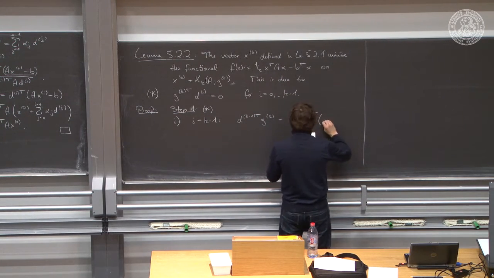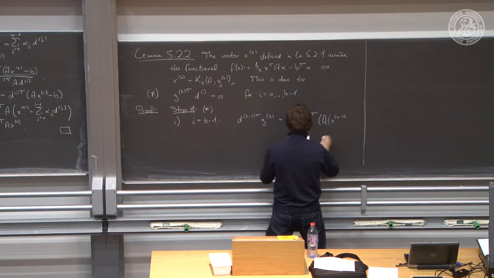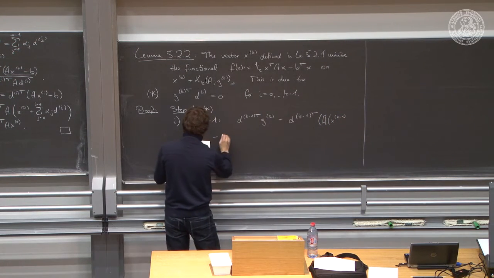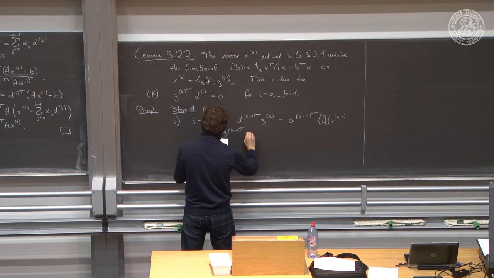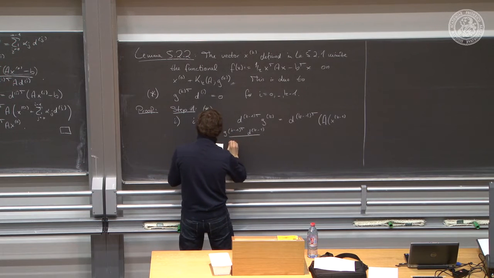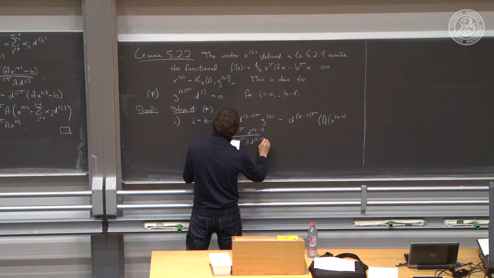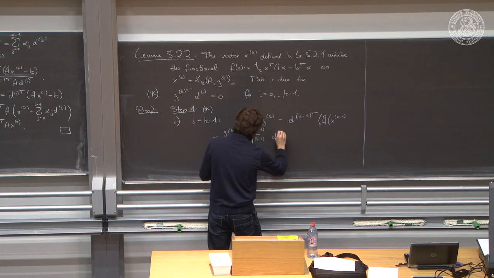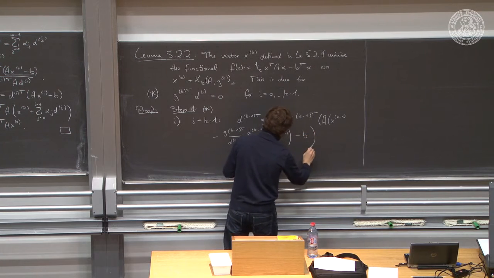So altogether, this is A times (x_{k-1} minus g_{k-1} transpose d_{k-1} divided by d_{k-1} transpose A d_{k-1} times d_{k-1}) minus b.